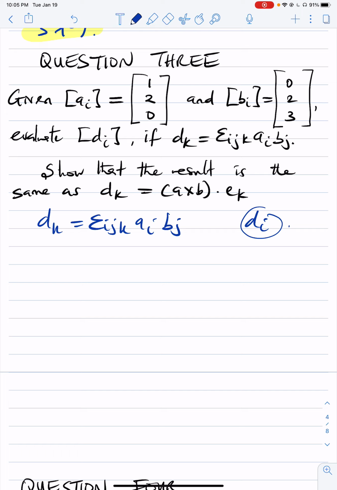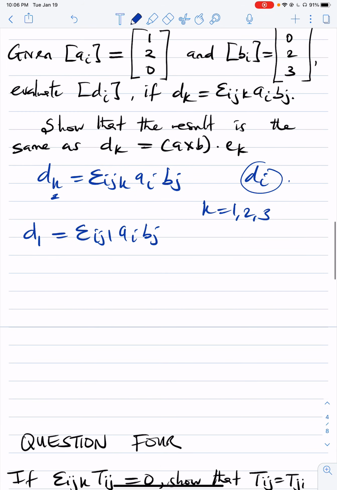So how do we proceed with this? Okay, looking at it, we have k here, right? So k normally should be 1, 2, and 3, right? Yeah, so let's start with k equal to 1. Now, if you remember what we learned with permutation, that will make the simplification of this very easy.